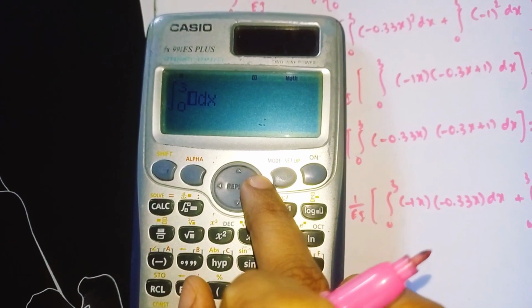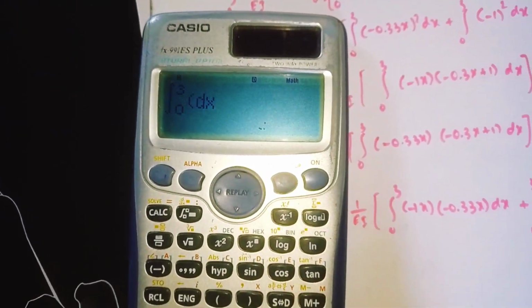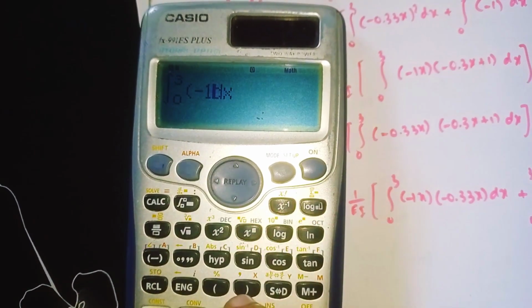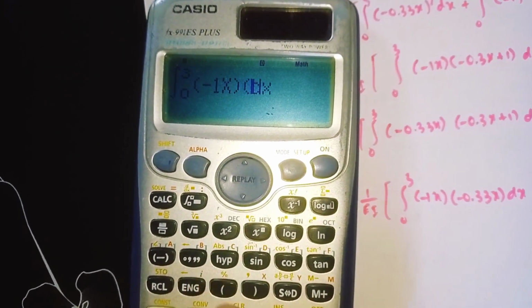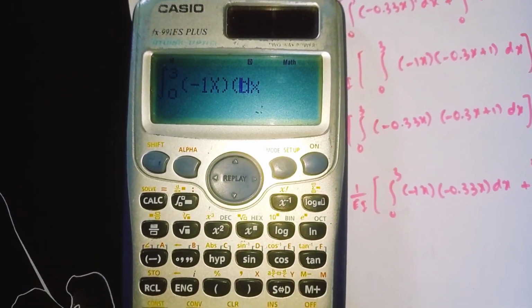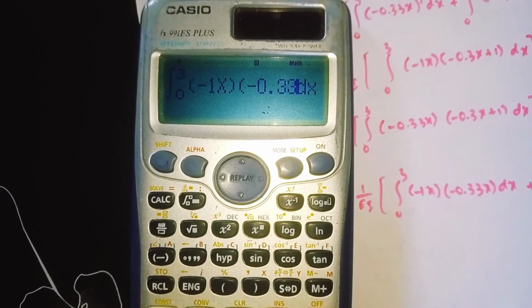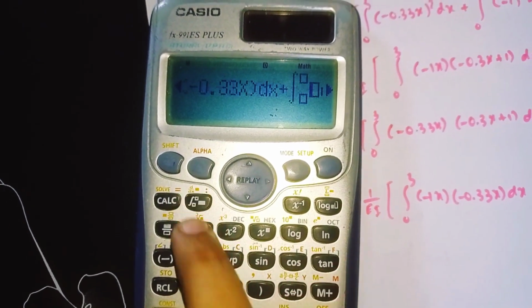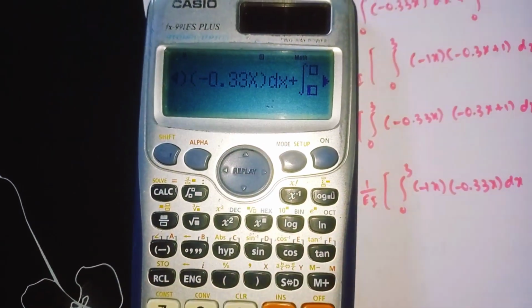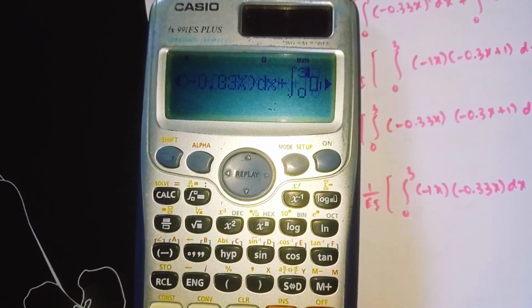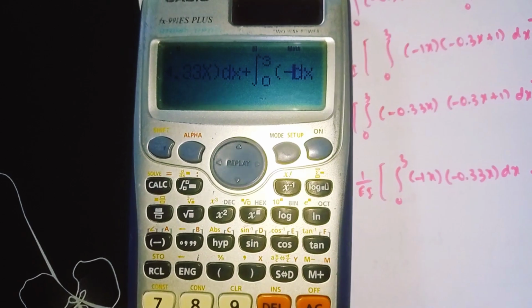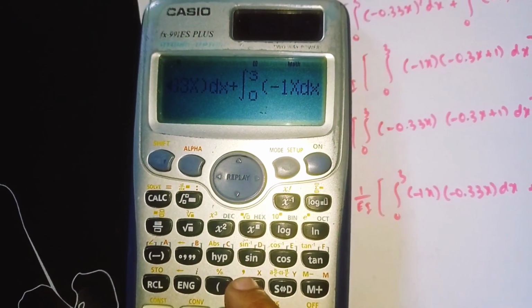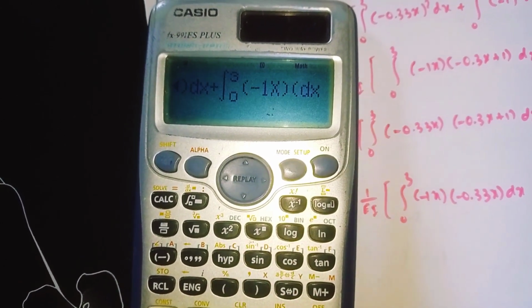By using the calculator, integration of 0 to 3 into minus 1x into minus 0.33x, plus integration of 0 to 3 into minus 1x into minus 1.